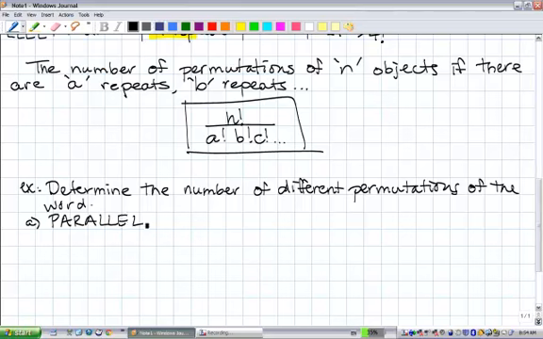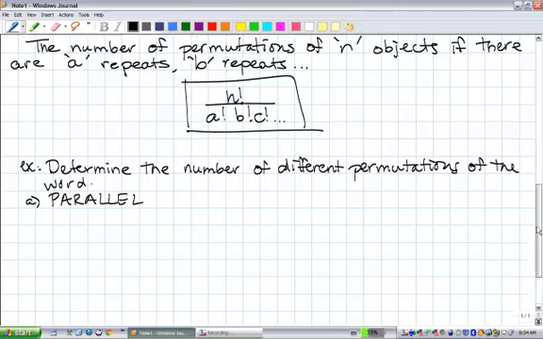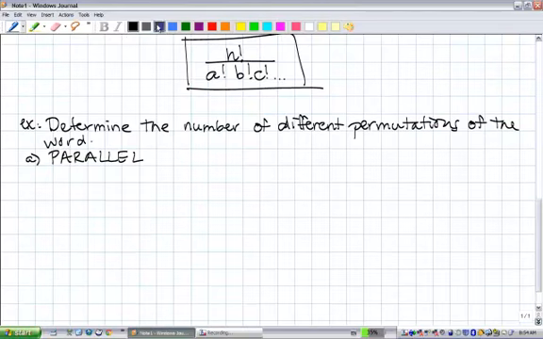P-A-R-A-L-L-E-L. So we see PARALLEL. We still are talking about permutations where order matters. We're not going to be able to use P-pick, but we will be able to use factorial in the sense of let's figure out how many total letters there are.